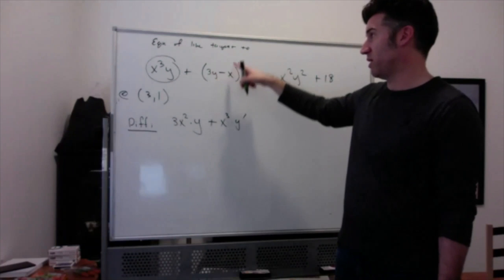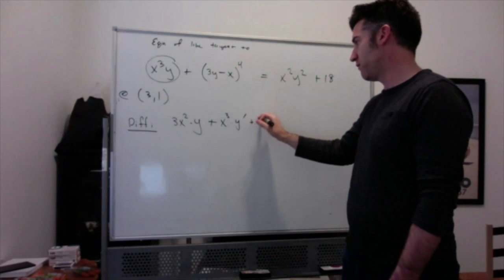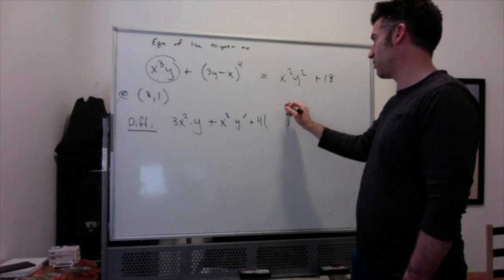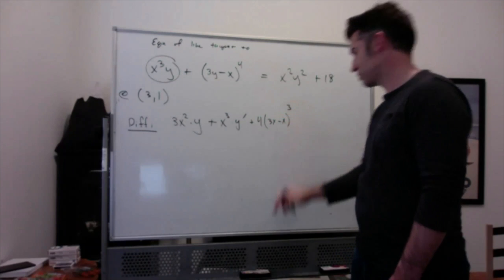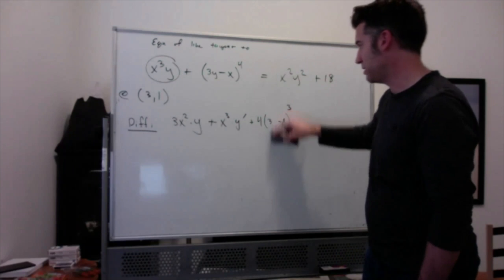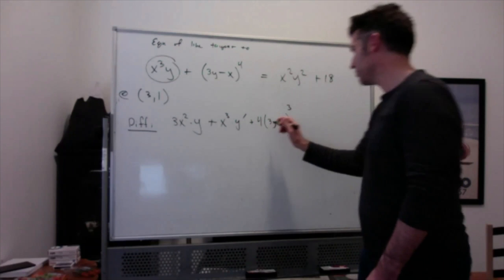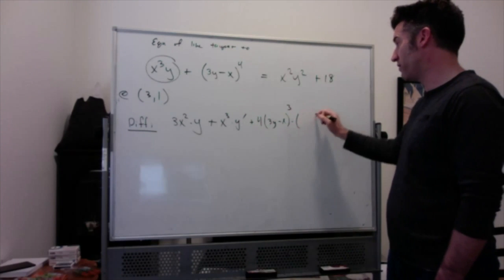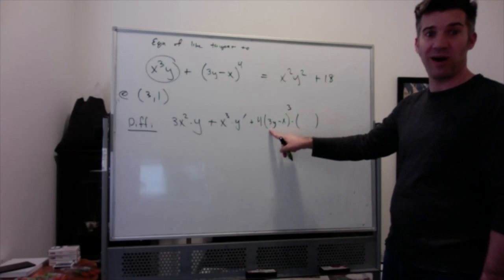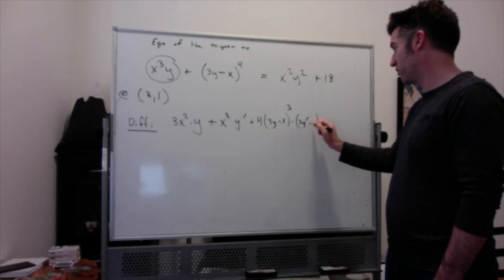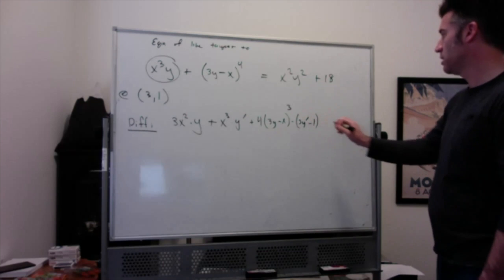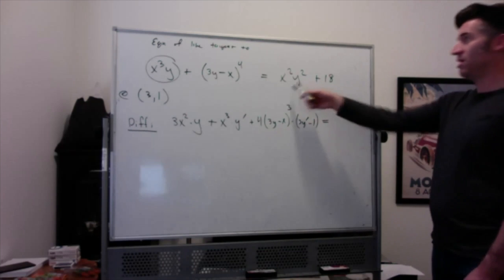Derivative of 3y minus x to the fourth is going to be 4 times my stuff to the third power. Sorry, my stuff is 3y minus x, times the derivative of that stuff. The derivative of 3y is 3y prime. Derivative of x is 1. Equal to x squared y squared.